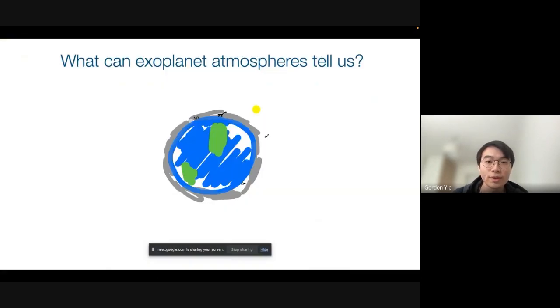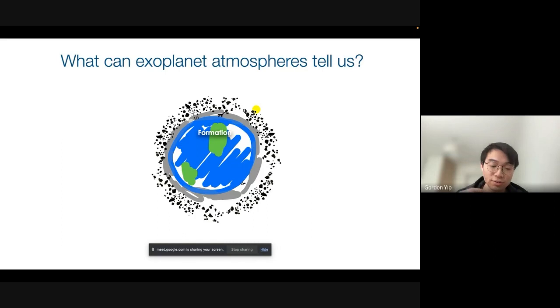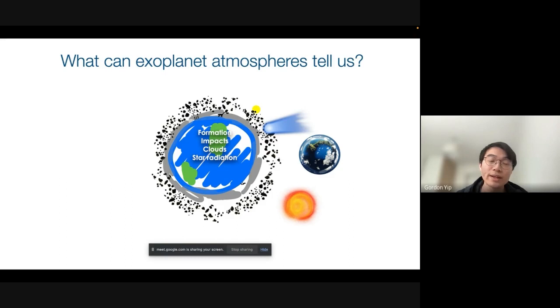So going down, why do we emphasize so much on exoplanet atmospheres? First of all, it tells us about the formation history of the planet. It tells us whether it's been impacted by a comet or not, because that will actually be revealed in the atmosphere. Clouds, obviously, we can tell from atmospheres. Star radiation, how intense the radiation is, really determines whether you can actually have life or not.